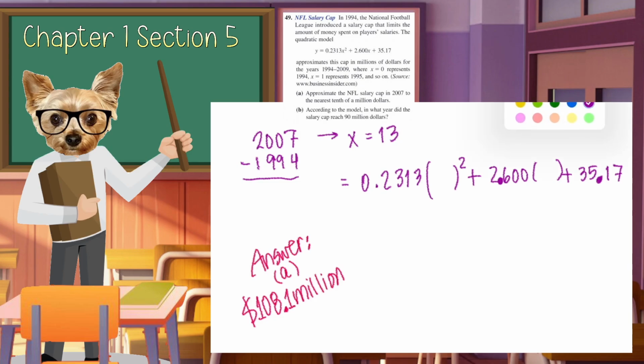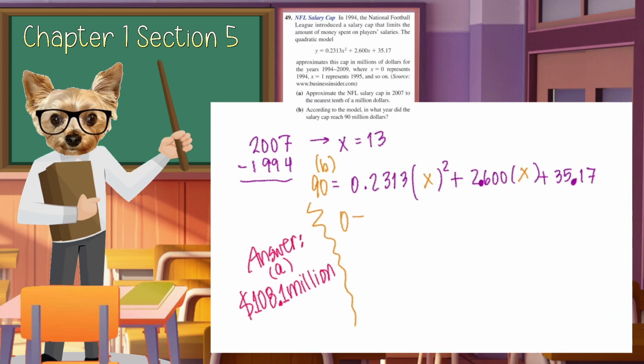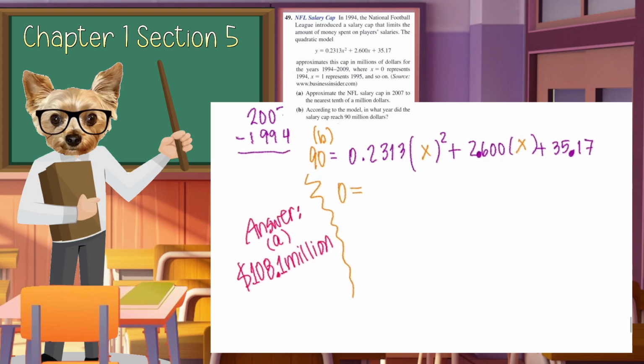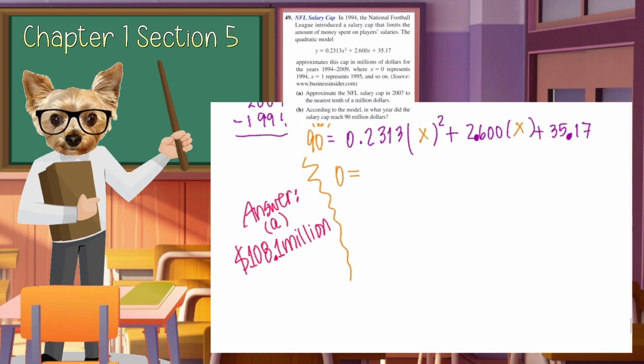So I'm going to fill in 90 over here, and then X and X. Here I'm already anticipating using the quadratic formula for part B. So 0 equals 0.2313 x squared plus 2.6 x plus 35.17 minus 90.